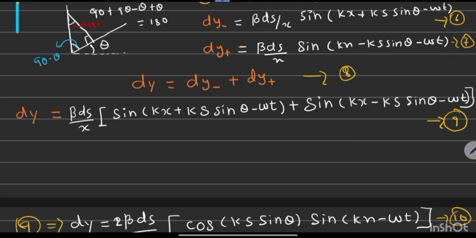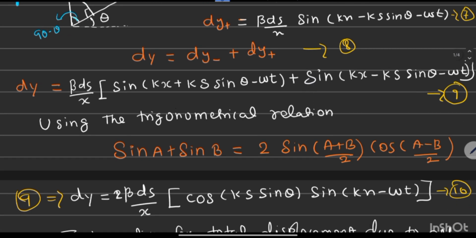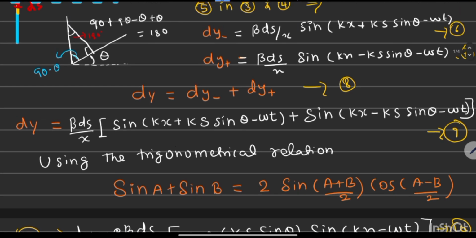It's the addition of this and this factor, and this is common, so this can be simplified using the trigonometric relation of this kind: sine a plus sine b is equal to 2 times sine of (a plus b) by 2 times cos of (a minus b) by 2.